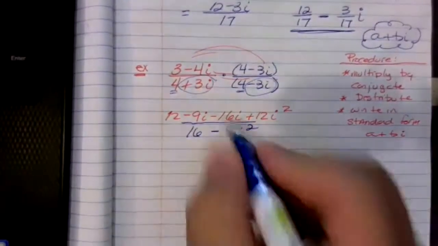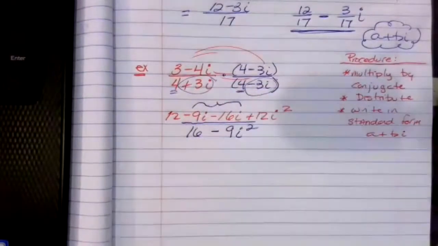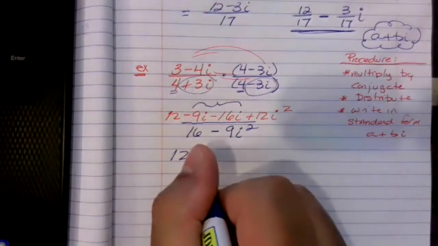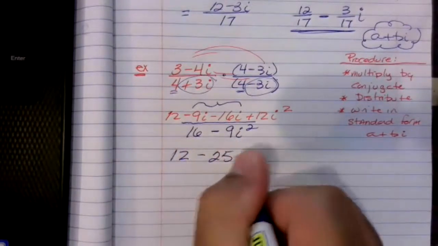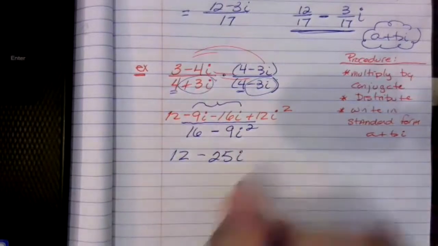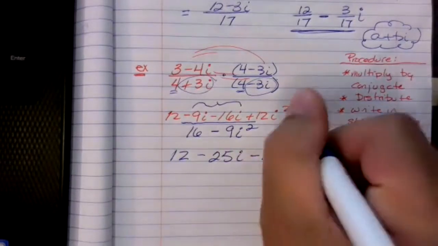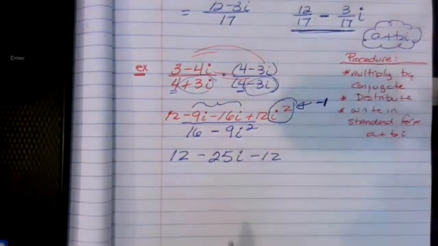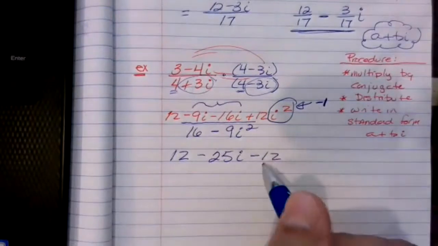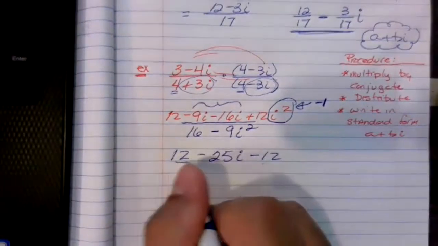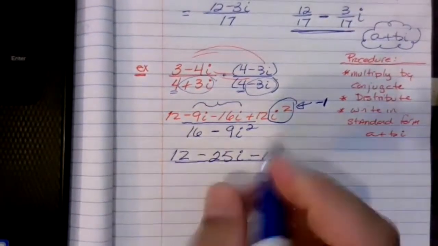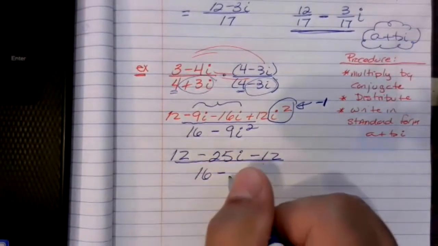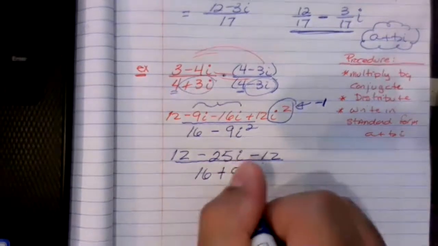Let's simplify this a little bit. I have some like terms to combine. So I'm going to have 12 minus 25i minus 12, right? Because i squared is a negative 1, so 12 times negative 1 is negative 12. All over 16 minus, or I guess we could say plus 9, right?